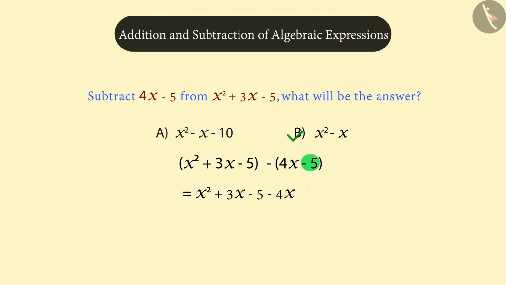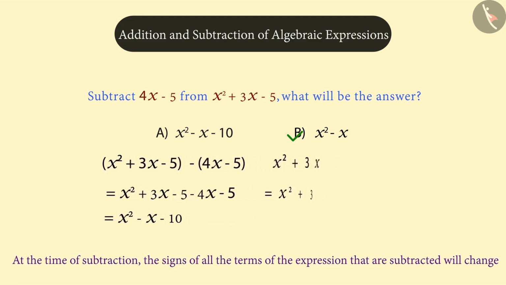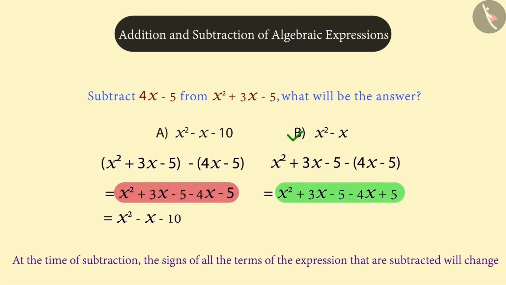We write negative 5 in the same way, so our second step would look like this. After simplifying in this way, we get this answer. We have to pay attention that the sign of all the terms of the expression that are subtracted will change. So this would be the correct step. After simplifying, we get this result. Thus, option B is correct.